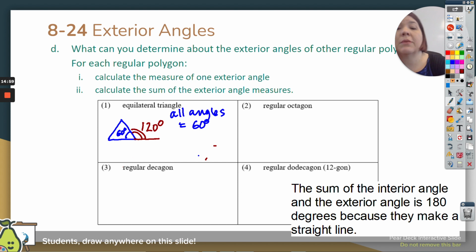Let's do an octagon. The interior angle of an octagon is actually going to be quite big. It looks like that. Imagine 8 sides. This angle is the total, 1080, which is the sum of all the interior angles, divided by 8.